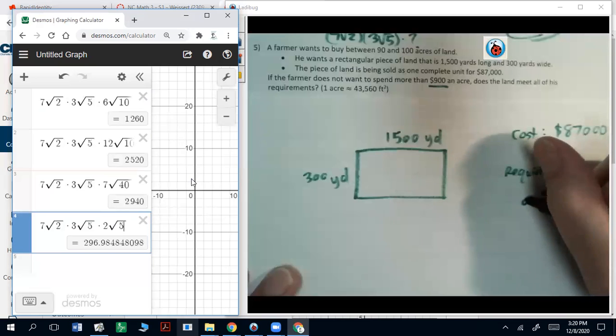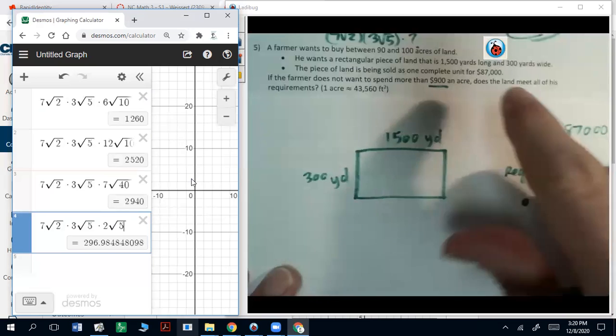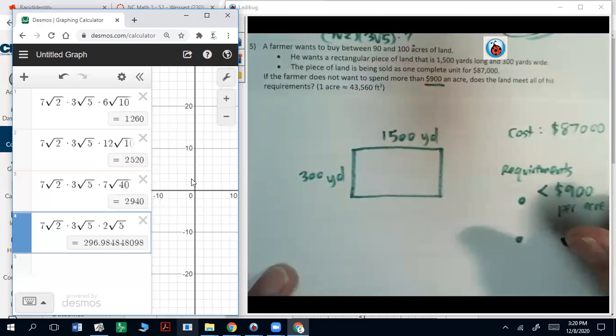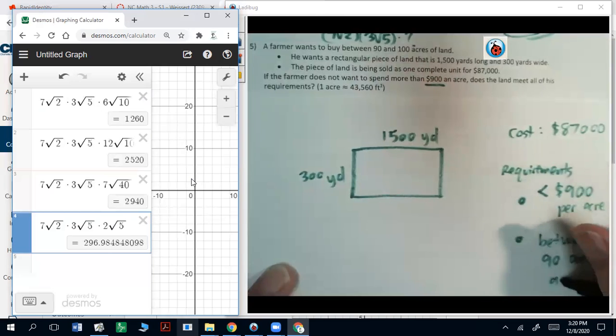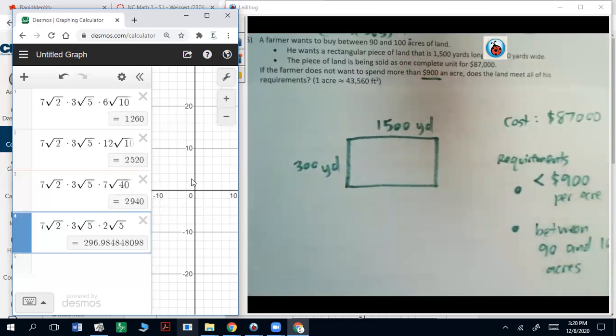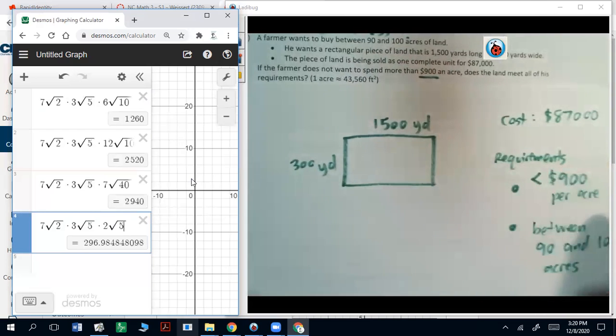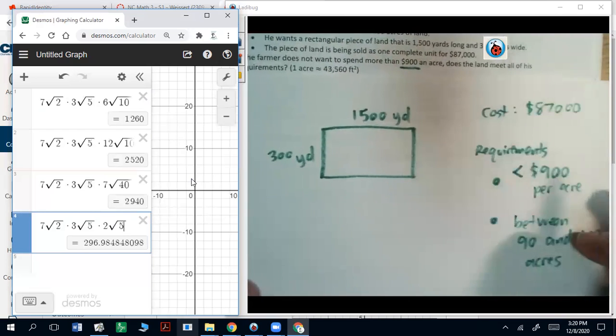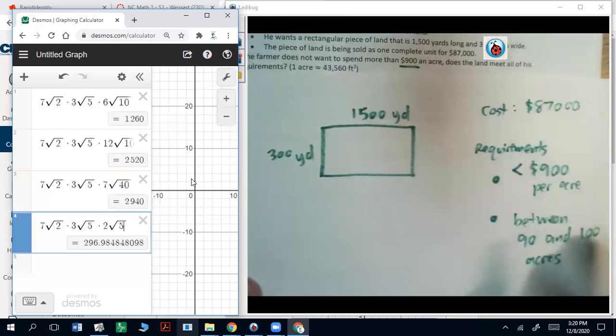There's also another requirement at the beginning. It's got to be between 90 and 100 acres. So my approach is, first, I want to figure out how big this is, how many acres this is, so we can see if we get in that requirement here.